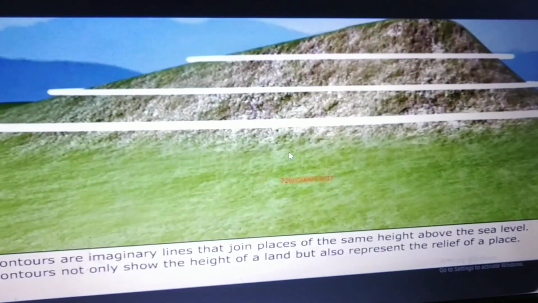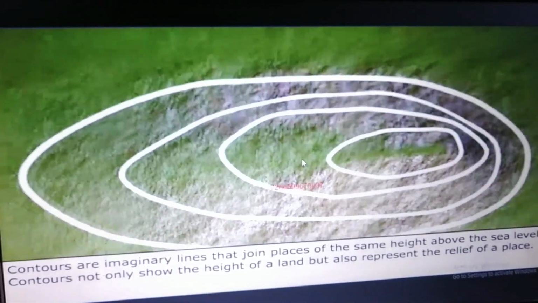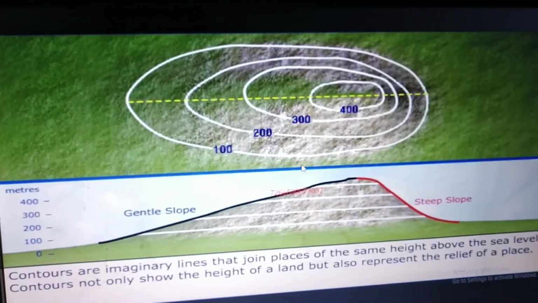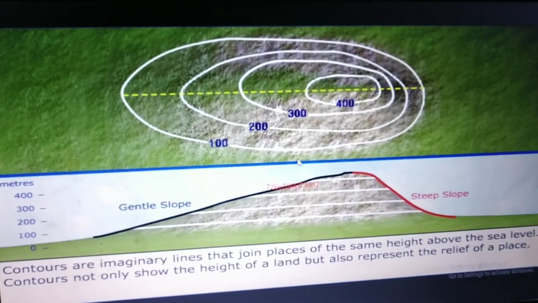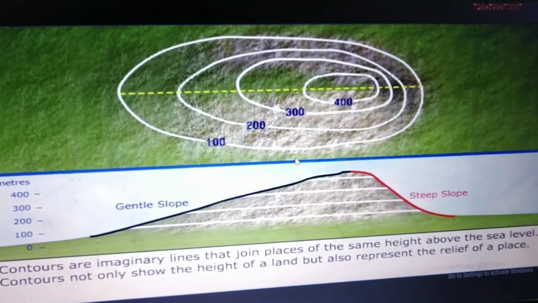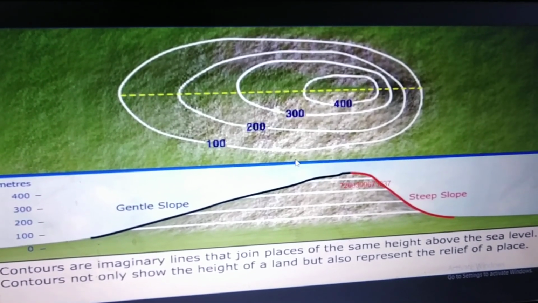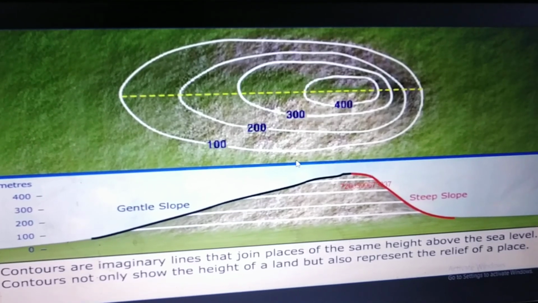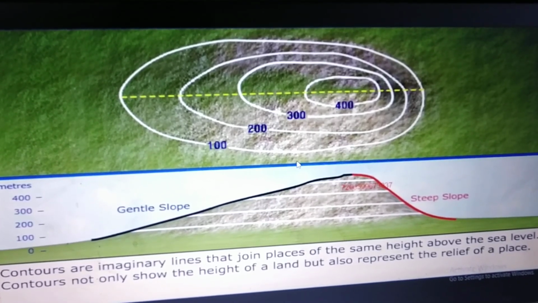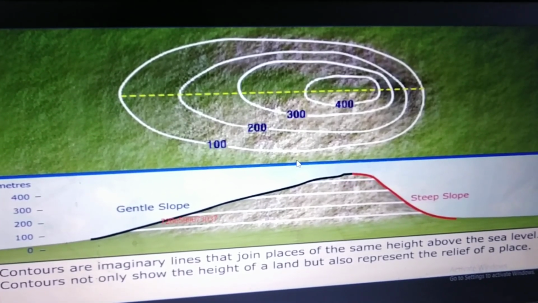Contours are imaginary lines that join places at the same height above the sea level. Contours not only show the height of the land, but also represent the relief of a place. Here, contours represent the shape and the slope of the land. Yes, you can see clearly these are imaginary lines.